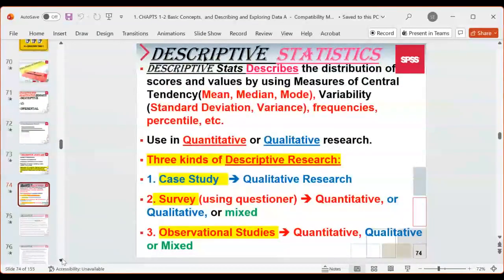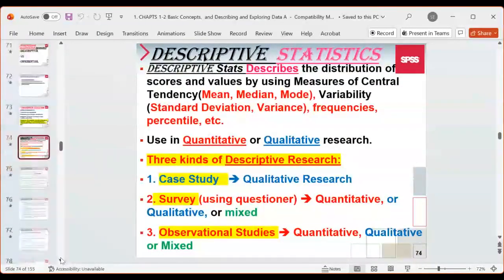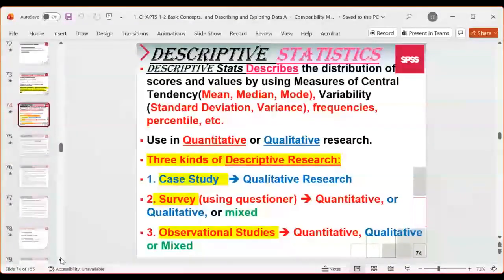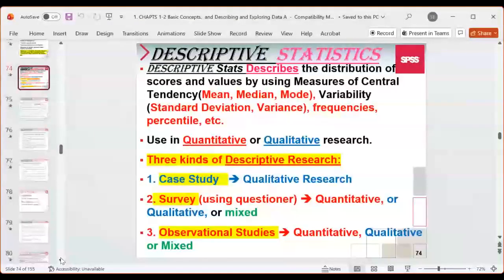And here's some example of research. This is the example of descriptive research. We use descriptive statistics for descriptive research, and inferential statistics for inferential research. Okay.